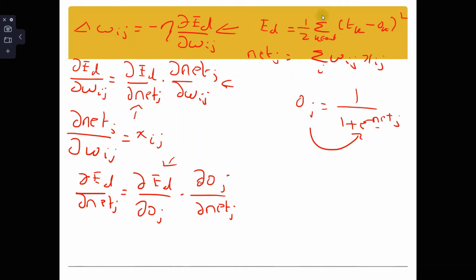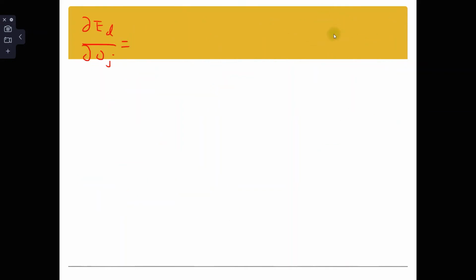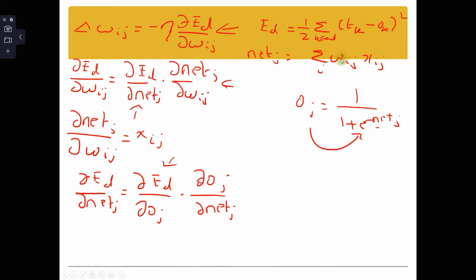So in other words, this whole thing turns out to be half multiplied by 2 into tj minus oj, times the derivative of oj, which is negative 1 here. Let me show you this again. Having j in this equation gives you tj minus oj.